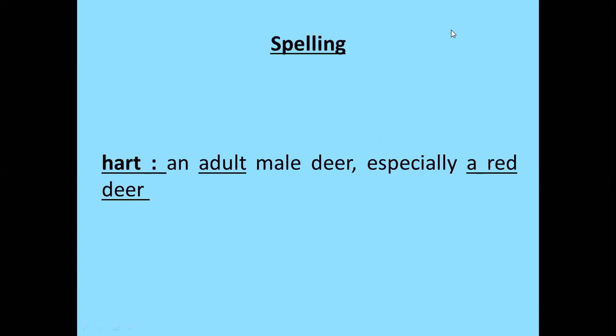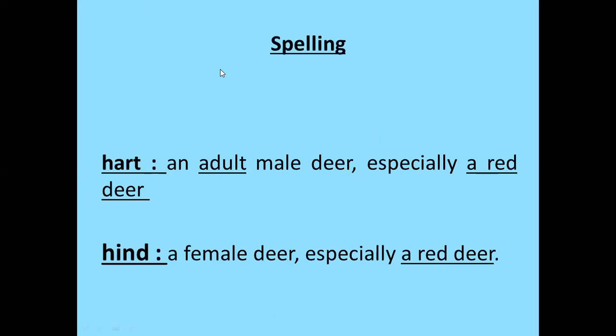Hart, an adult male deer, especially a red deer. This is one of the kinds of deer, a red one. So we have two types of deer, hart and hind.